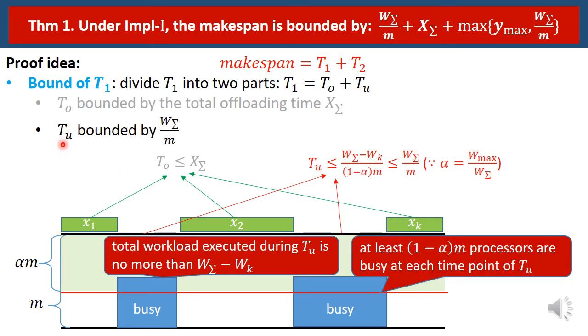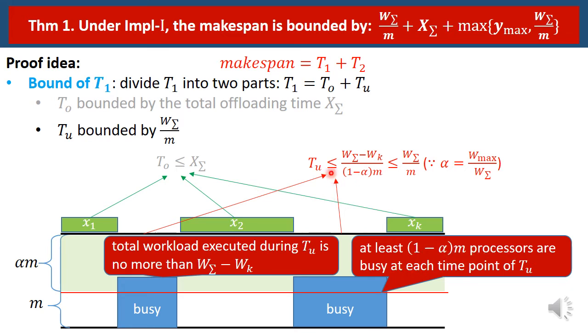To bound the length of Tu, we find that, first, the total workload during Tu is at most W sigma, the total workload, minus the workload of tau k, Wk. And moreover, at each time point of Tu, we find that at least (1 minus alpha) times m processors are busy.